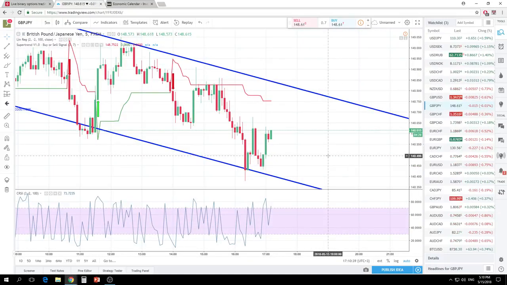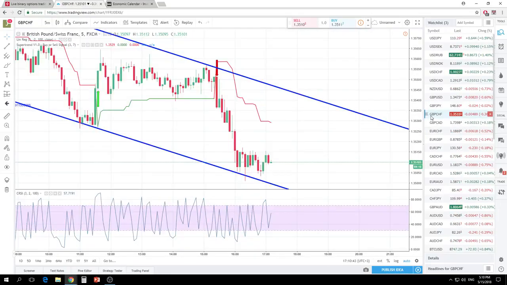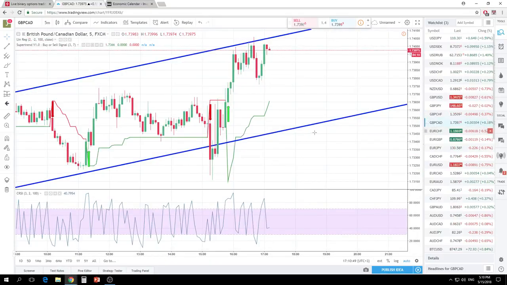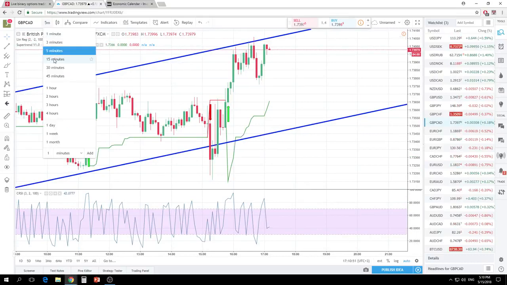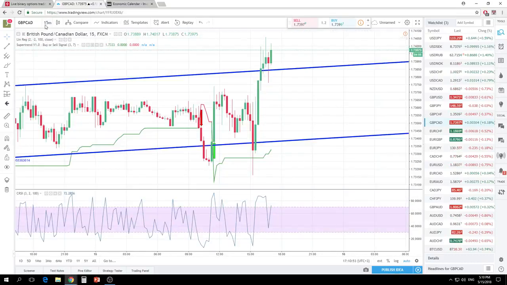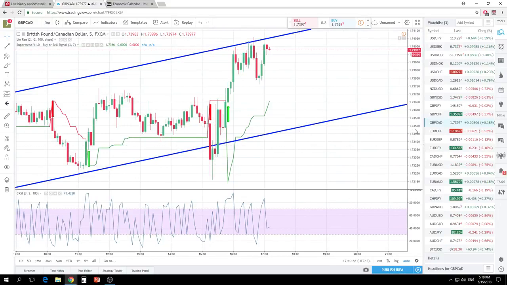GBP JPY, you can see at the moment, is obviously not one that can give us a chance of trading, as well as GBP Swiss franc. Let's see, GBP Canadian. GBP Canadian can be normal.